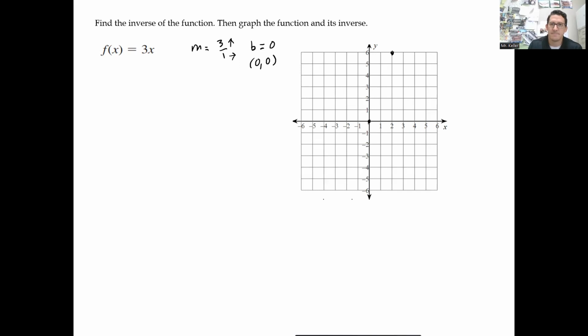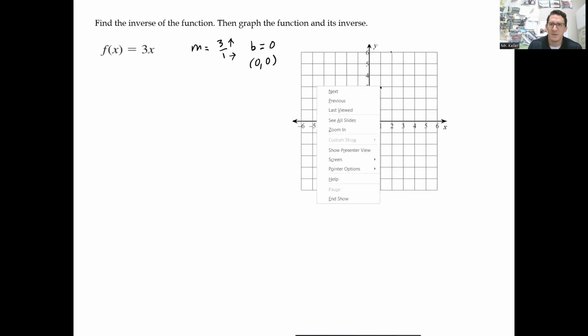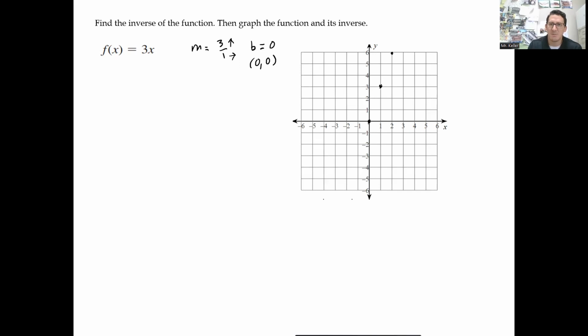Oh, and it doesn't like it when I put points, which is weird. Stop it. Stop it. Anyway, all right, there we have 3 points. This is going to really test my patience.